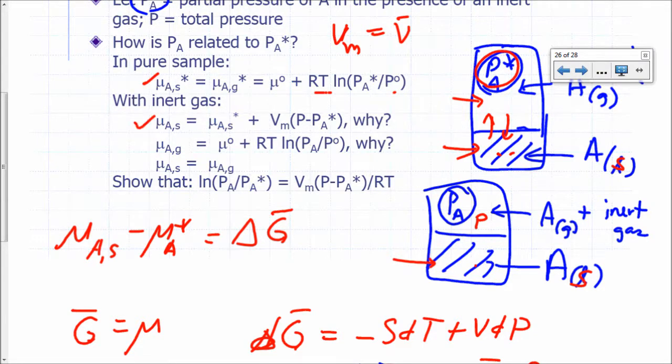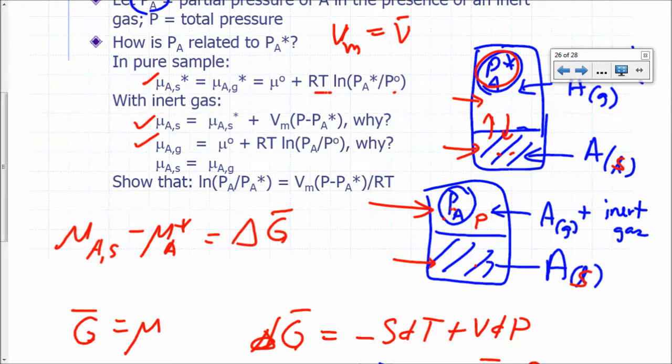Now, what is the chemical potential of A in the gas phase over here in the presence of the inert gas? Well, the chemical potential of A would be the standard chemical potential plus RT ln of whatever its partial pressure is going to be in this sample over P naught. That's just the formula for a chemical potential, assuming it's behaving ideally.